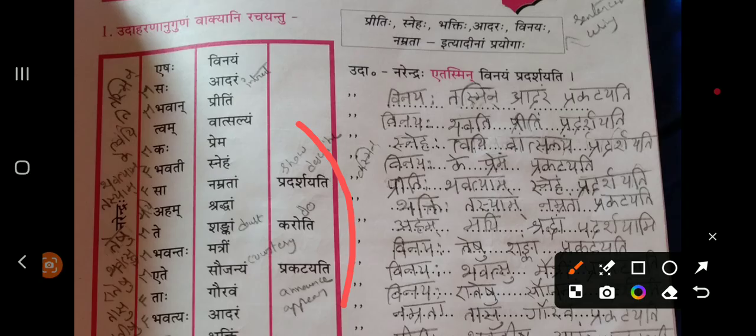And now let's see the sentence which they have given. Narendraha they have given. This is the one noun. So Narendraha etasmin vinayam pradarshayati. Narendraha is a person's name, which is a noun. That is the subject. Etasmin, his. Narendraha showcases his vinayam, which means respect.